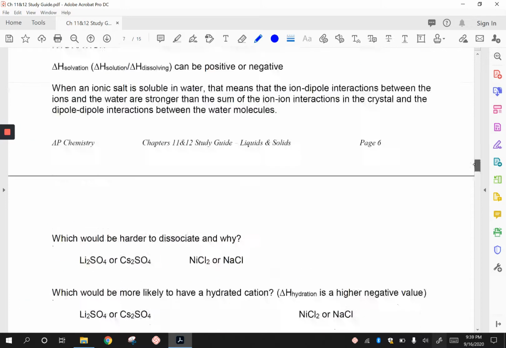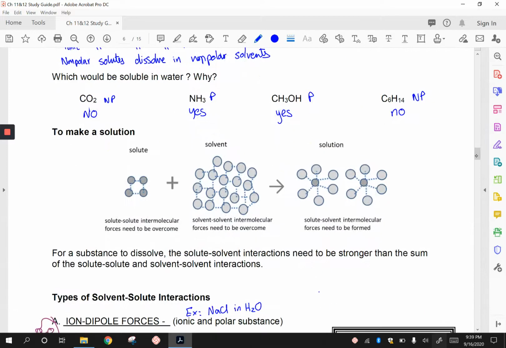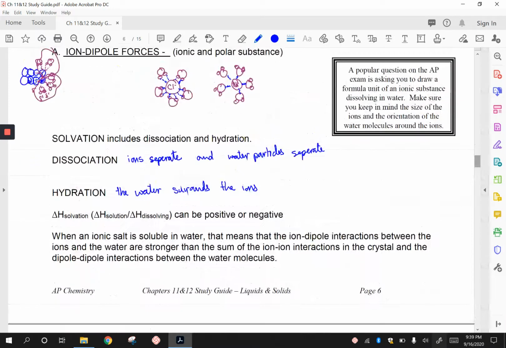Then hydration also happens. Hydration is when the water surrounds the ions. And so that's this part of the picture here, where the water particles are now surrounding the ions. So the dissociation is positive, right? In order to separate ions, I have to put in energy to overcome that attraction.